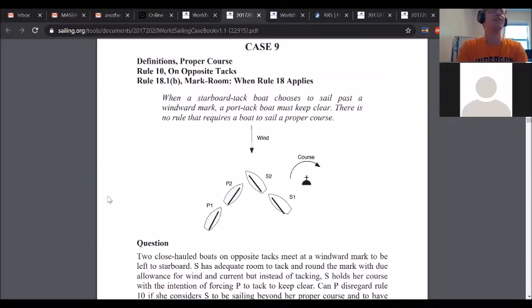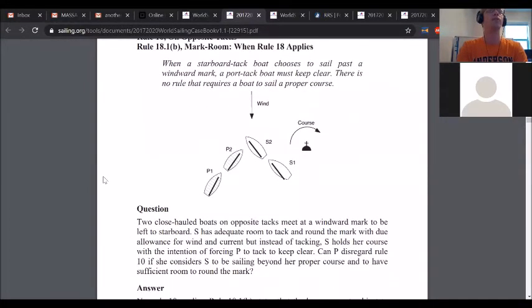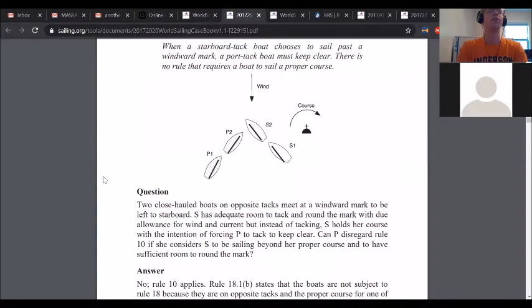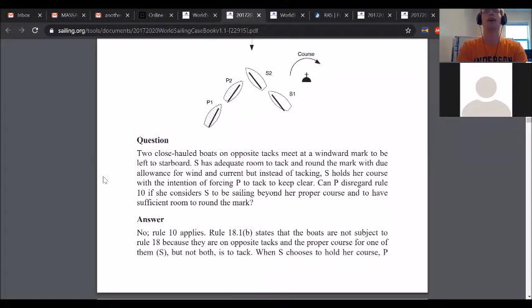All right, so this one we see being relevant when we're doing team racing. We won't see this very often in fleet racing, that we're going around a mark to starboard, but it's worth looking at. So when Rule 18 applies, does this apply? And it turns out that we could probably have come up with this ourselves.